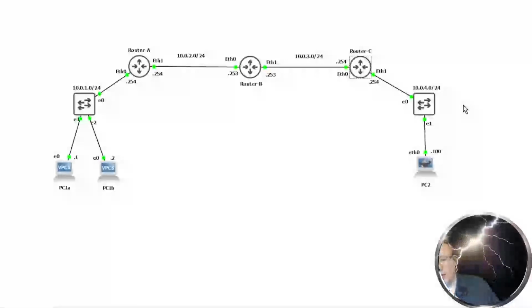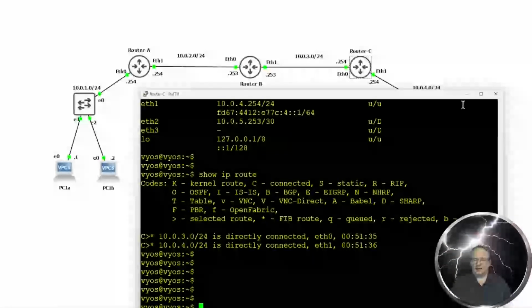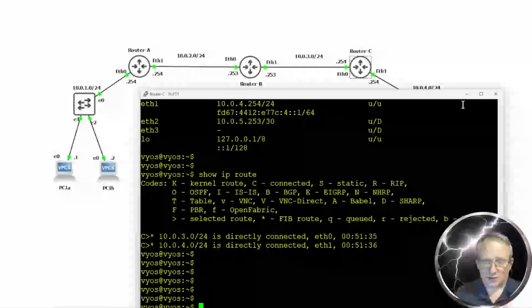That's why PC1A and 1B have their default gateway set to 10.0.1.254, because those are stub networks. And as stub networks, there's only one way out. Just like router C, if it's not going to one of the two directly connected networks, 10.0.3 or 10.0.4, it just needs to go to router B. So the default route is simply the route that, if nothing else matches, it's going to take that one.